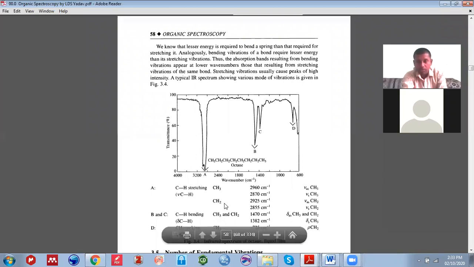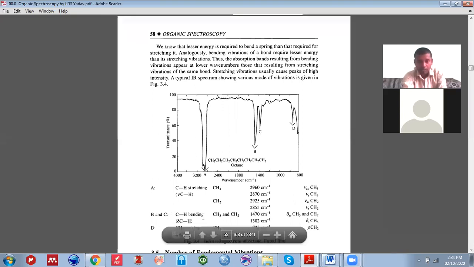For CH2 cases, also similarly two types, symmetric stretching and asymmetric stretching. Asymmetric stretching is at 2925, and symmetric stretching is at 2855 cm⁻¹.